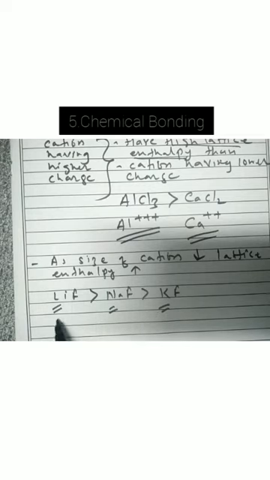Here you have the smallest cation in the case of LiF, so it will have the highest lattice enthalpy. The order of lattice enthalpy is LiF, then NaF, then KF. Because if the size of the cation decreases, the lattice enthalpy increases. You have to remember this one.